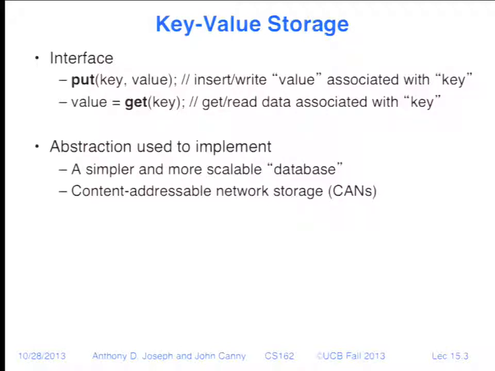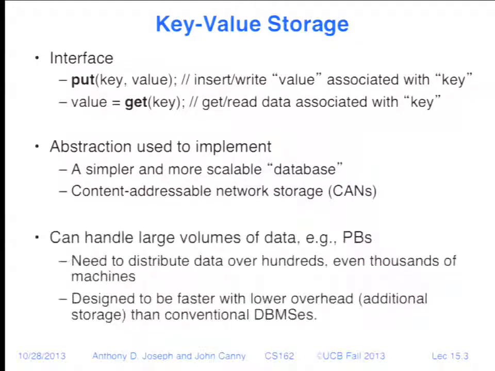They typically relax some of the consistency and other constraints of traditional databases. And they're used in various ways, sometimes for content addressable storage. So you can use keys which are quite complex that are actually really indexing into the content of a database. And they've been scaled up to petabytes of data. In fact, the most common really large data stores are almost always some flavor of key value store.